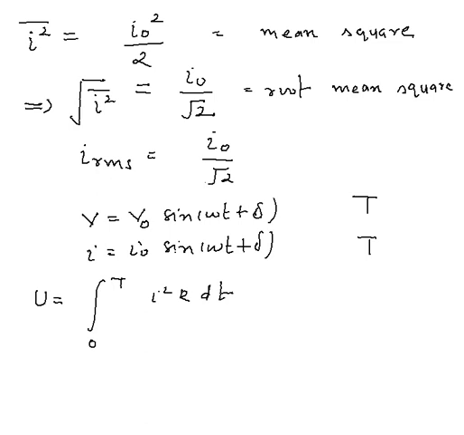By the way, there is a simple way to understand this sine behavior also. If current is this, just apply Ohm's law. Instantaneous voltage will be how much? Instantaneous current into R. So I naught sine omega t plus delta times R. That is I naught R into sine omega t plus delta.